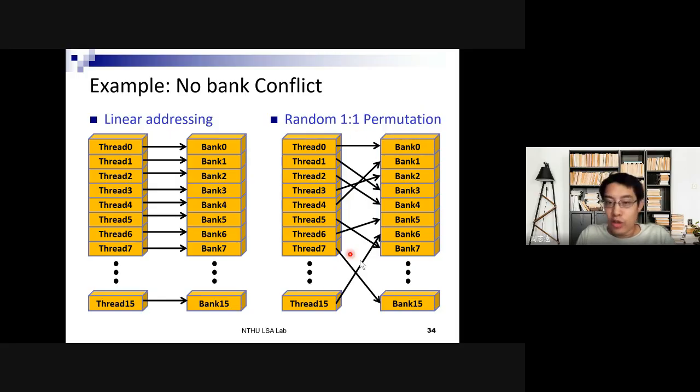Then there's no bank conflict as well. So it actually allows many other patterns. But usually, of course, the standard way is to ensure linear addressing, so you can avoid bank conflict as much as possible.